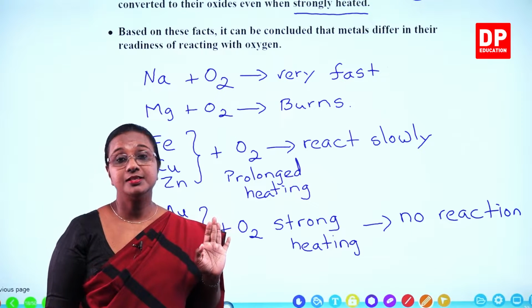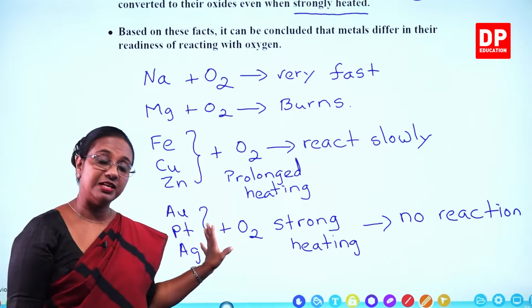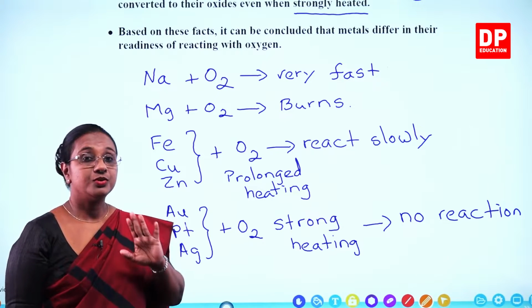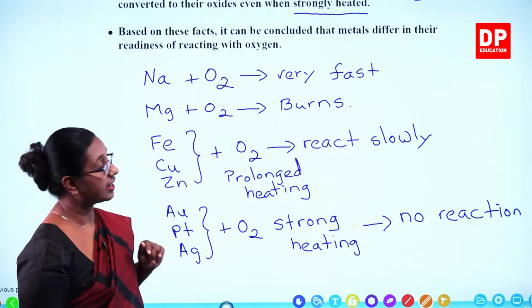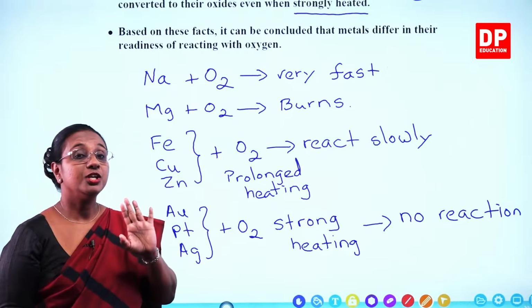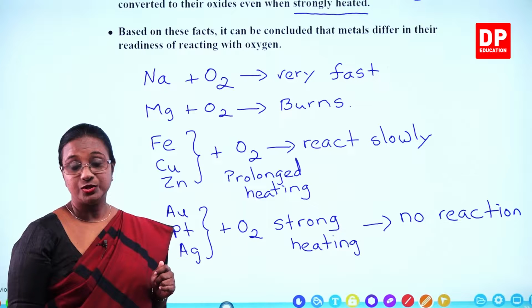But we could not see them. At the same time, this of course does not react. We didn't do these activities, but they don't react. So that is how the reactivity changes, or the readiness of reacting with oxygen differs from metal to metal. You all have to remember that, students. So with that, I will move on to the next slide.